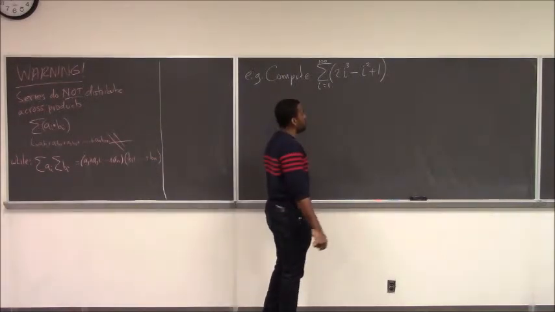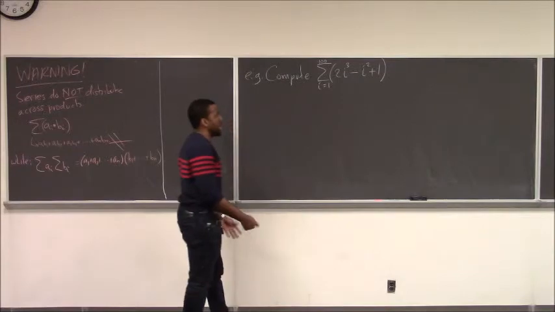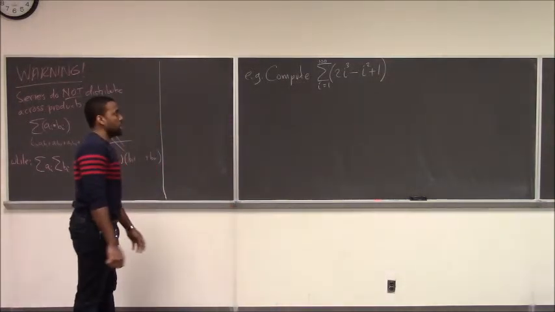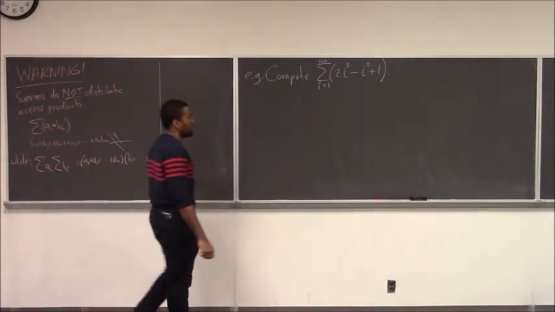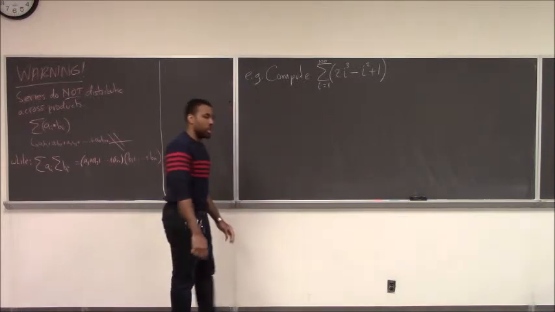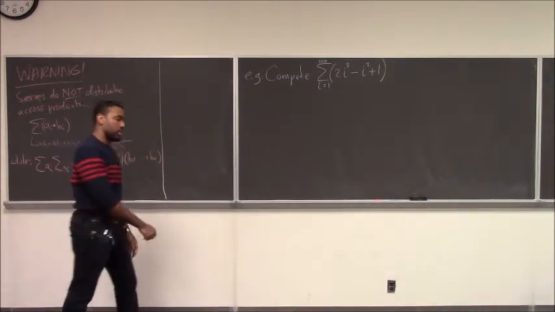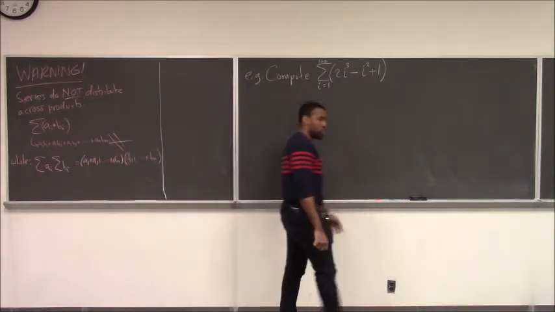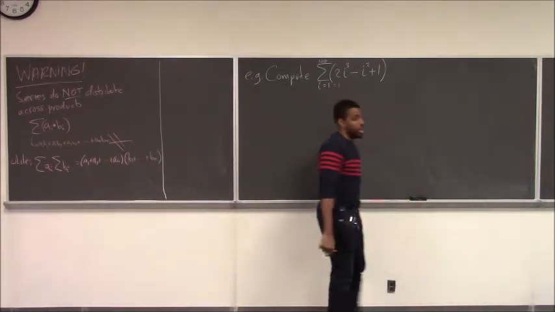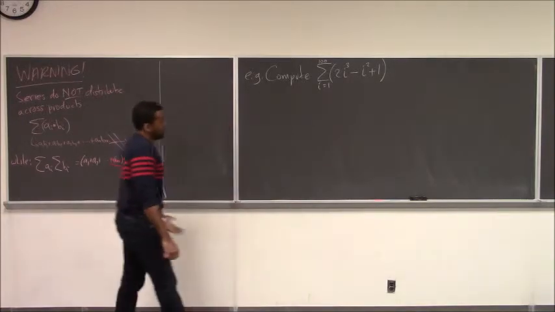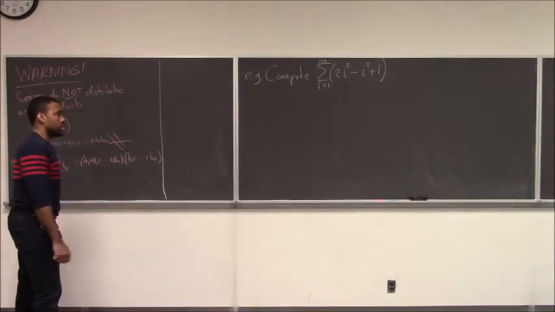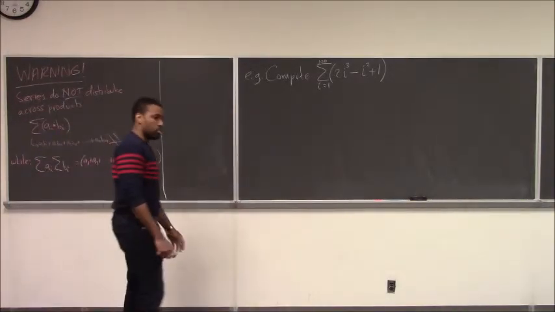So you're going to have 2 minus 1 plus 1 added to 2 times 8 minus 4 plus 1 added to 2 times blah, blah, blah. You can just imagine you're adding up 100 things like this. Now, if you do that brute force the way you're normally used to adding, it would take forever. But with the summation idea and the formulas that we have, we can do this relatively quickly.